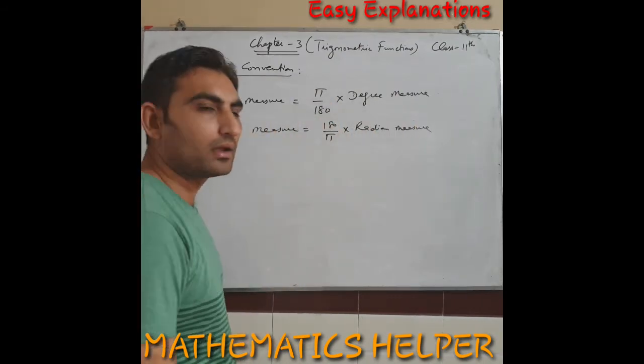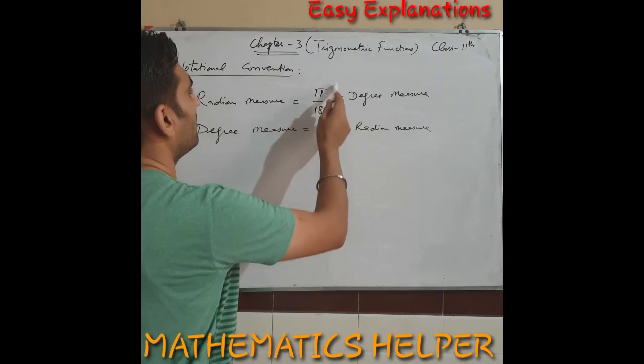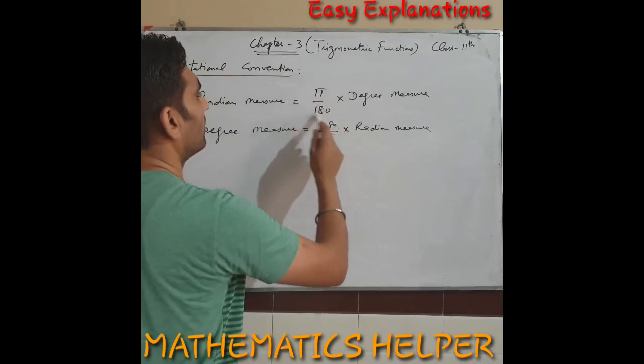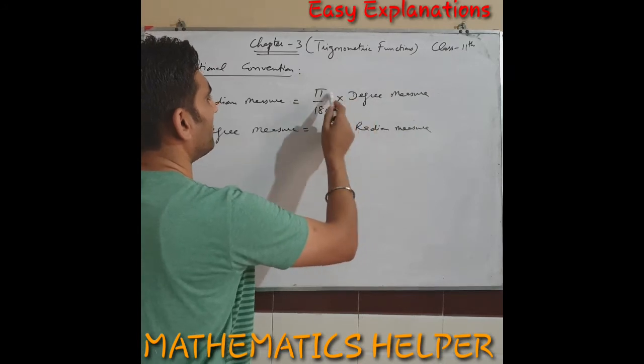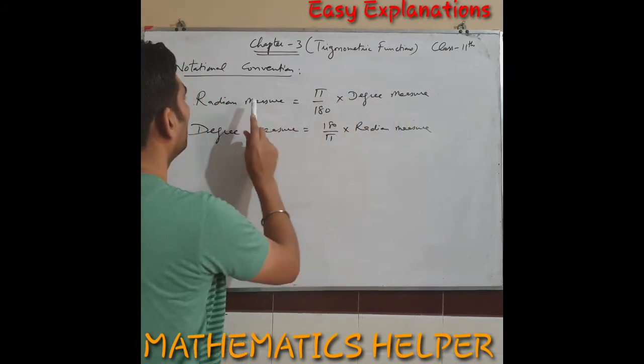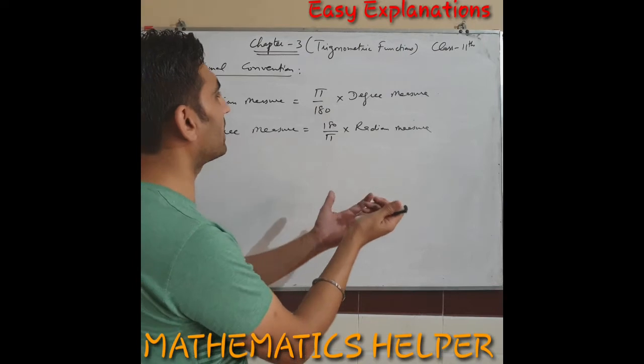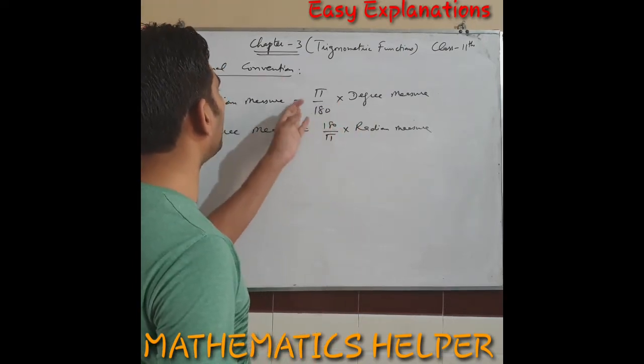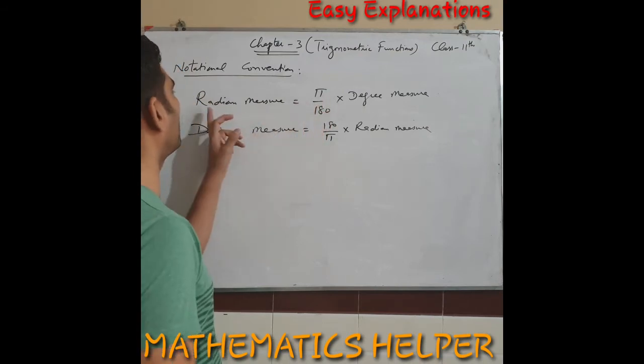And students, remember, pi over 180, pi radian. So you have to multiply degree measure with pi over 180, you will get the answer in radian measure. Just think about its calculation. If we shift pi over 180 as 180 over pi to the left side, it will get multiplied with radian measure.